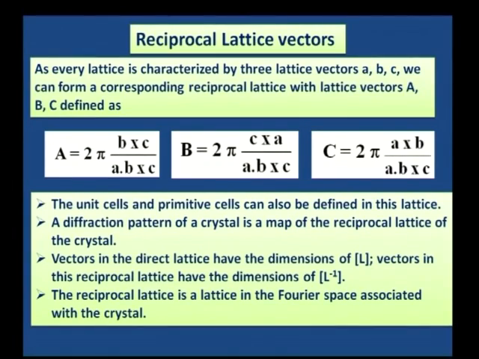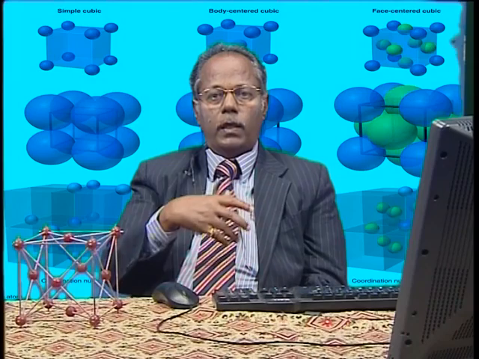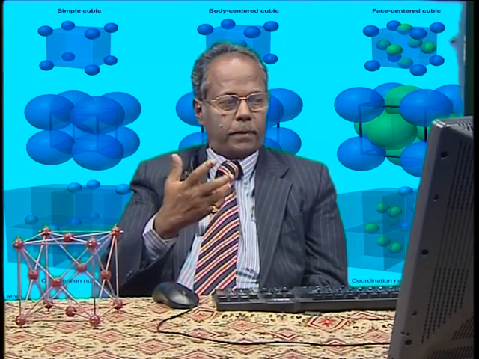Let me repeat it again. For a cubic lattice, a, b, c are equal, so you will have a square here and a cube in the denominator. a square by a cube will be 2 pi by a. So if a is in angstroms, capital A will be angstrom inverse. That is the reason why it is called inverse space or reciprocal space.